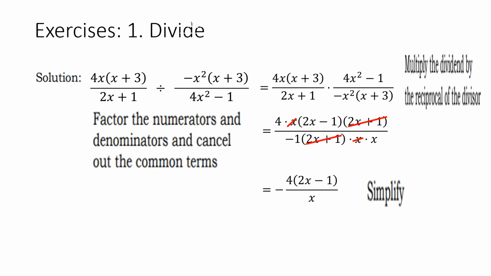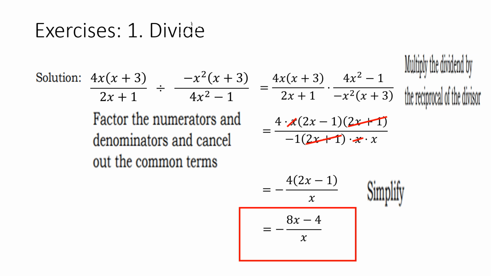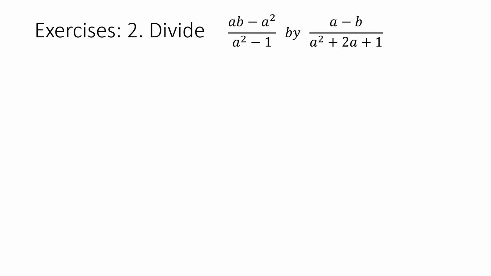So we will have 4 times x squared minus 1 all over x. So our final answer will be negative x minus 4 all over x. Let's proceed to our second exercise.